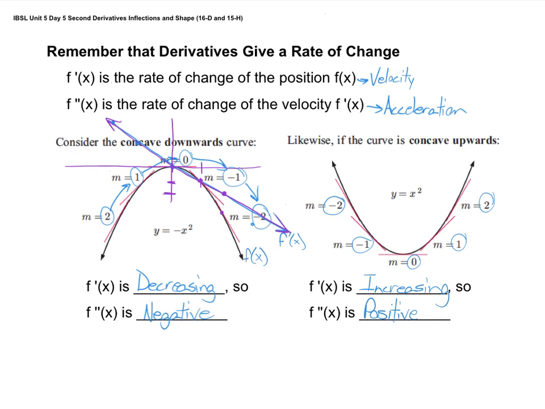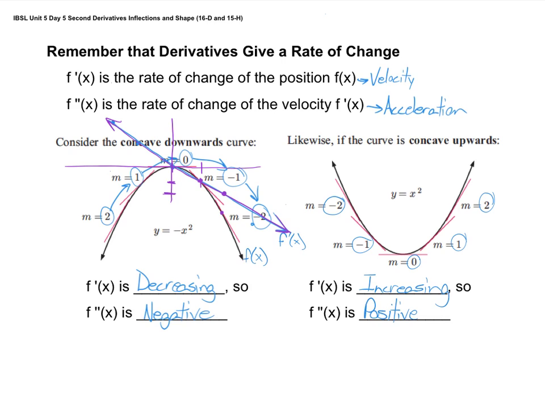in my velocity. But if the first derivative is decreasing, can the second derivative be positive? No, that would mean if your first derivative is decreasing, then you have a negative acceleration, a negative second derivative.